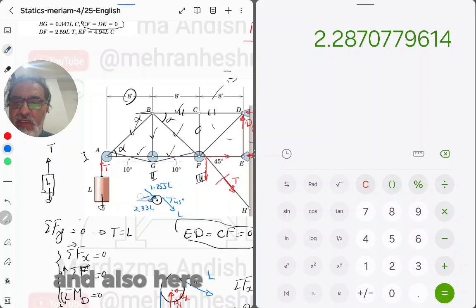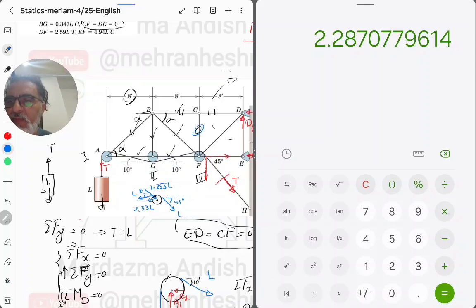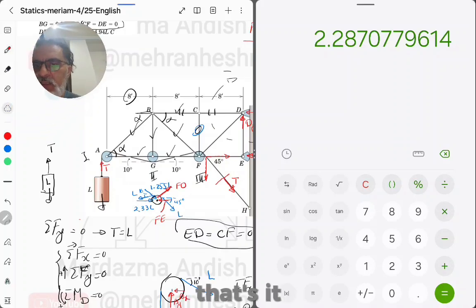And also here we have L, and this is 10 degrees. And we have here as a compression FE and tension FD. That's it.